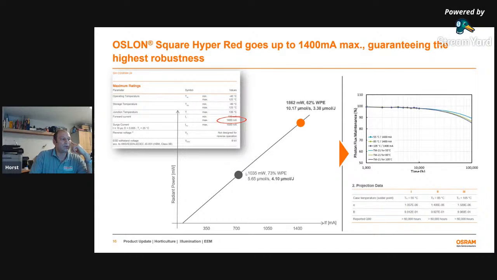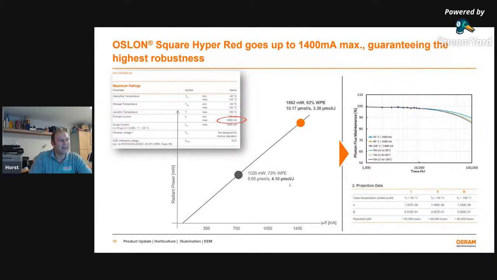And now it's up to your decision where you want to set your focus: if you want to go to efficiency, or you want to go to power for the irradiation of the plants. You can choose it.